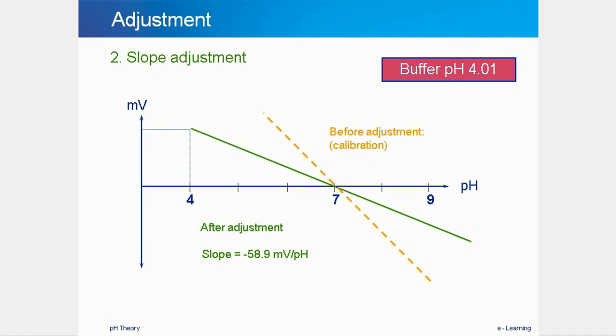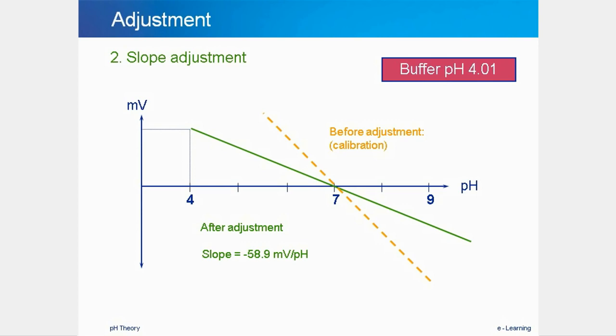If we have 1 millivolt value for pH 7 and another for example, pH 4.01, then we can take the millivolt difference and divide this through the 2.99 pH units difference between the two tested points and find the real slope or millivolt per pH unit dependence of the electrode.